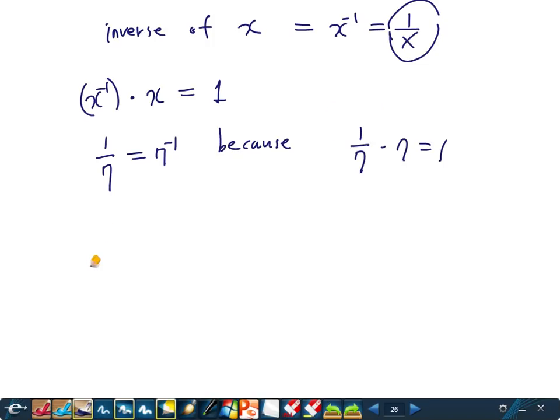Do we have the multiplicative inverse of 3 in the integers? What is the multiplicative inverse of 3? 1 over 3. This is not an integer. So we cannot really talk about inverses in integers, because 1 over 3 is not there.